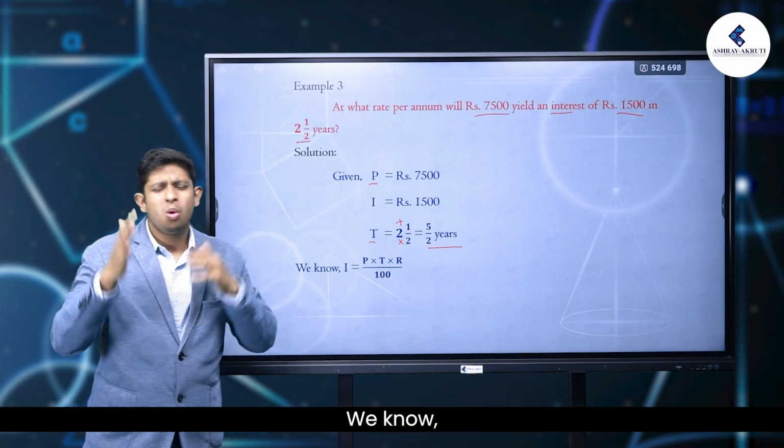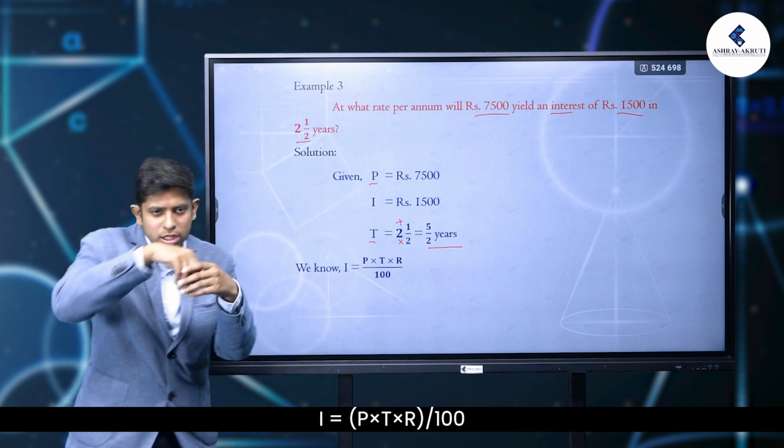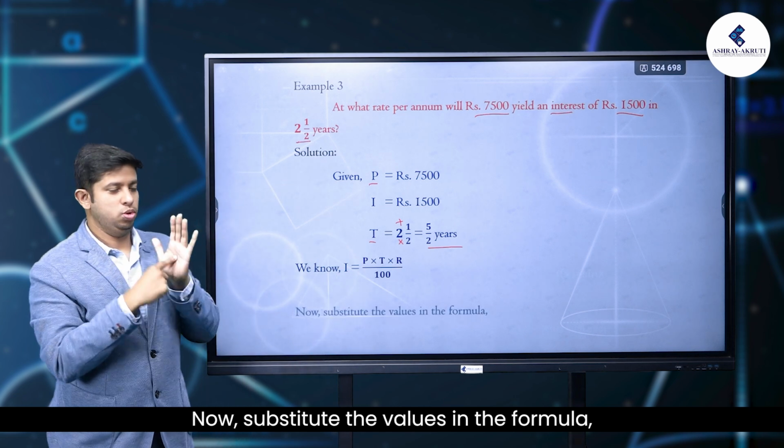We know I equals P into T into R by 100. Now substitute the values in the formula.